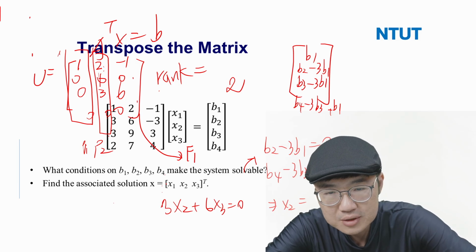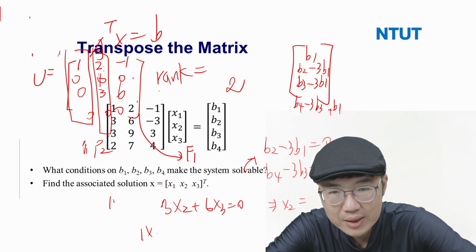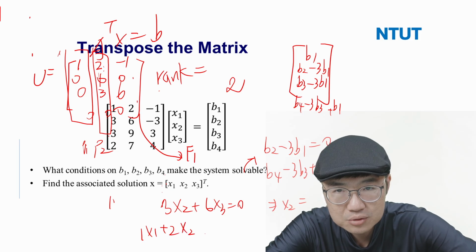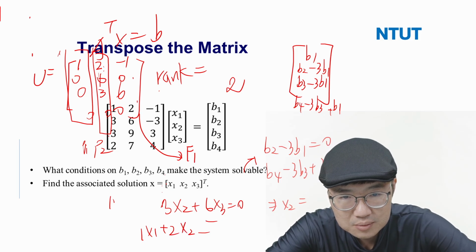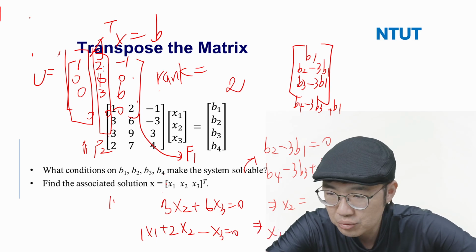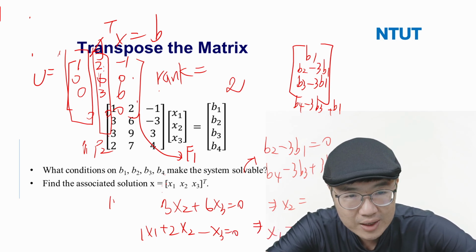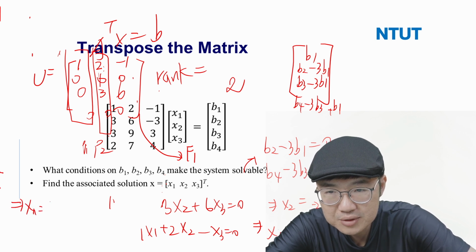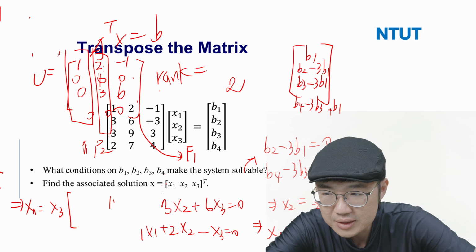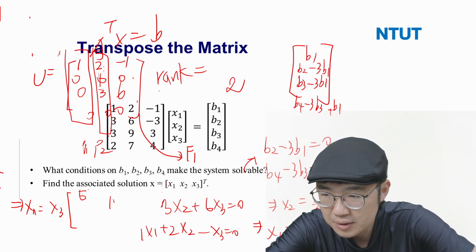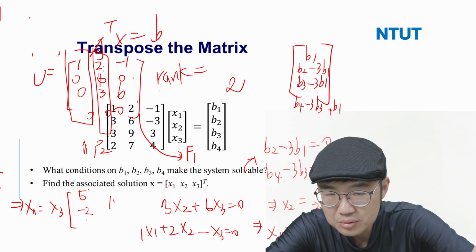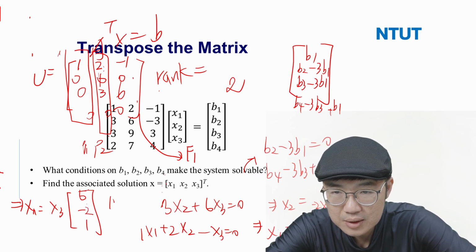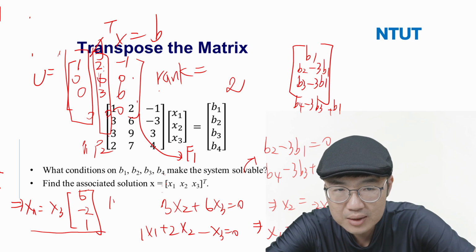And from the first, 1x1 plus 2x2 minus 1x3 equals 0. So x1 will be 5x3. In other words, the null space solution is x3 multiplied by 5, minus 2, and 1. Yeah, this is the xn part.